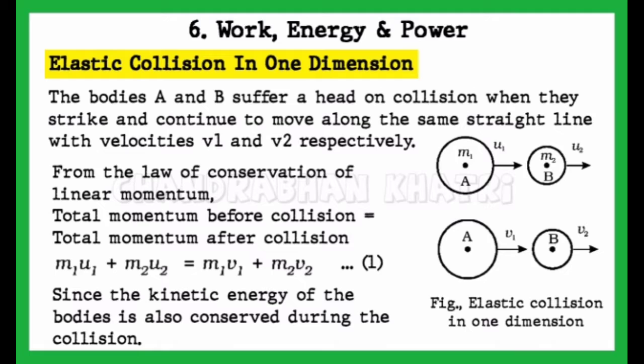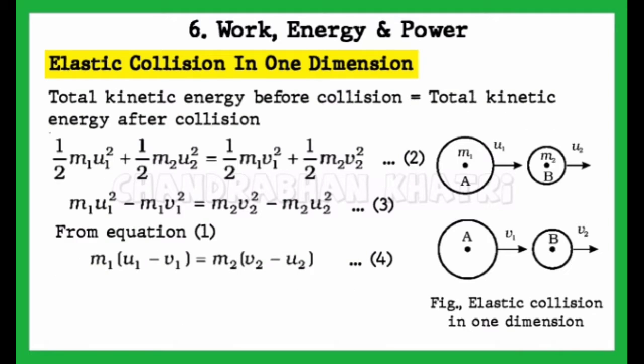Since kinetic energy of the bodies is also conserved during the collision, total kinetic energy before collision is equal to total kinetic energy after collision. Half m1 u1 square plus half m2 u2 square is equal to half m1 v1 square plus half m2 v2 square.